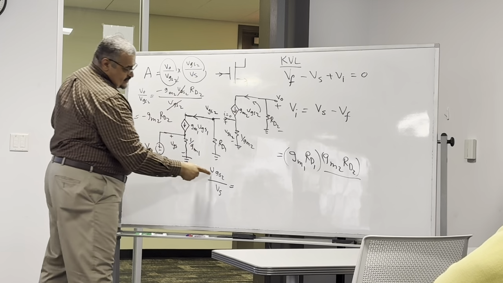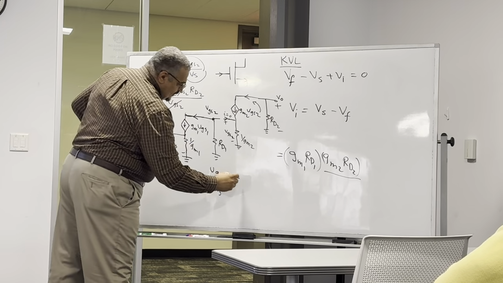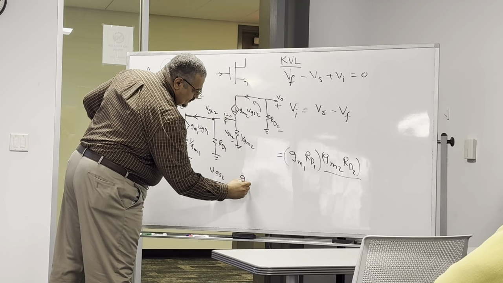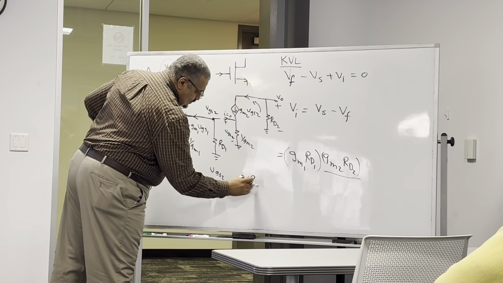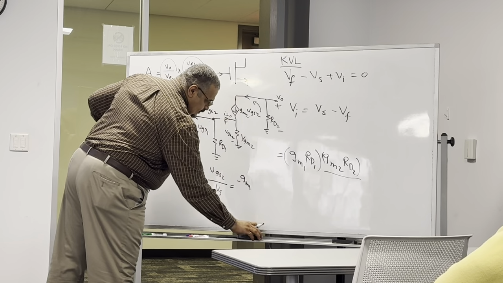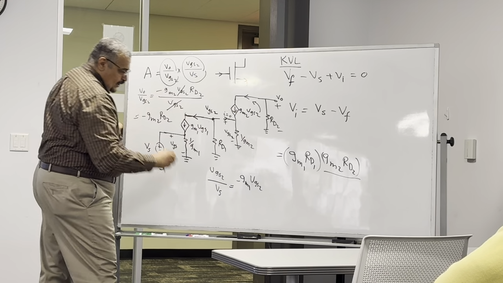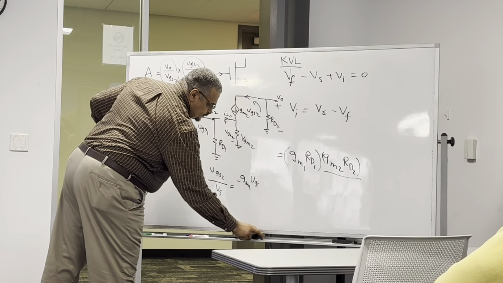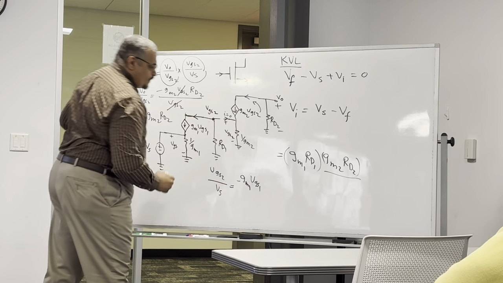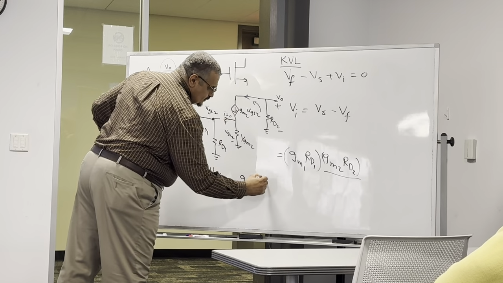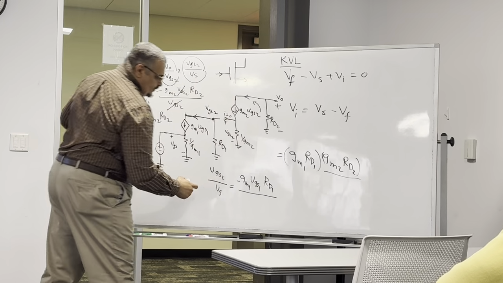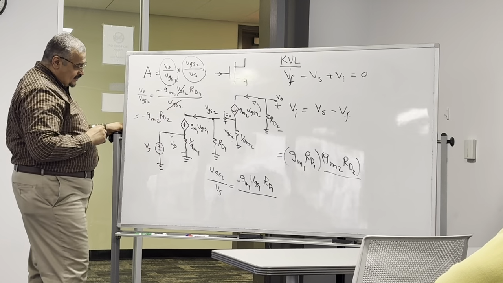So VGS2 is nothing but negative GM1 VGS1 times RD1 divided by VS. What's VS?